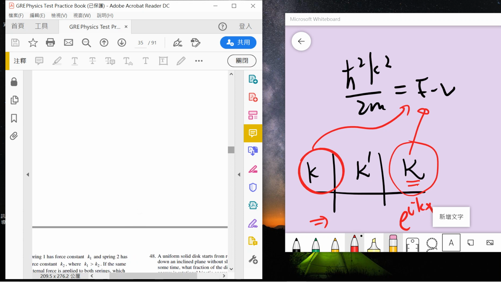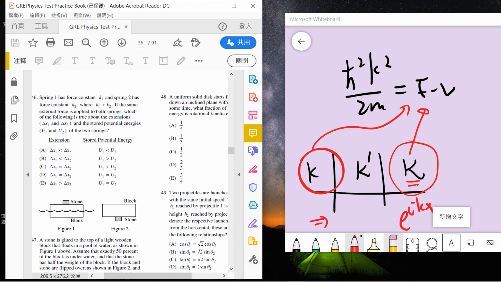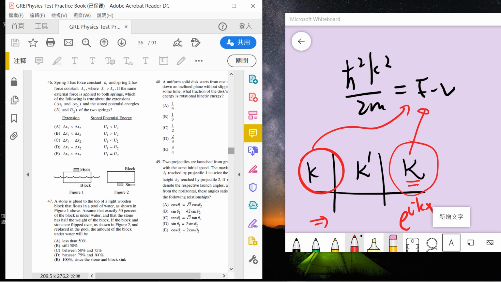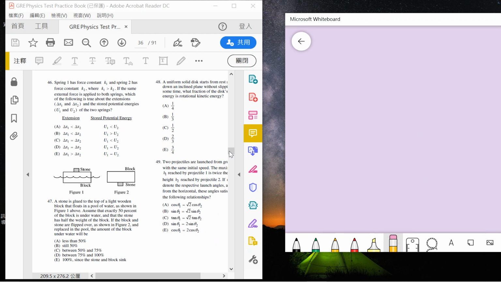Okay, so 46 is also easy. You have two springs, one with force constant k1, one with force constant k2. It asks about the stretch length and the potential.